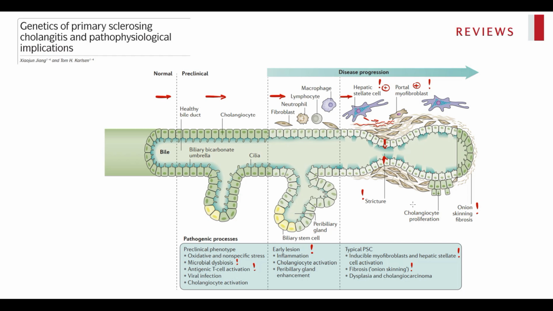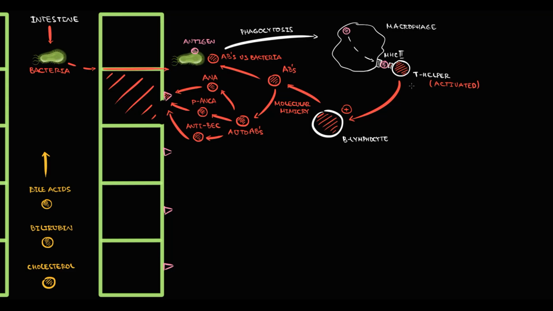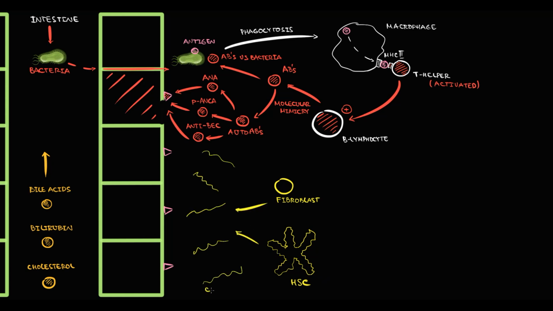So let's illustrate this. In the soft tissue, we have fibroblasts and hepatic stellate cells, which in normal conditions produce a mild amount of collagen. But with activation of B lymphocytes, they begin to produce transforming growth factor beta, which activates fibroblasts and hepatic stellate cells.